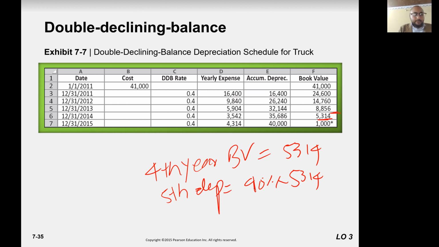Let's calculate that. 0.4 multiplied by 5,314 is 2,125.